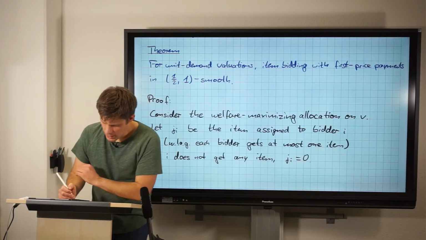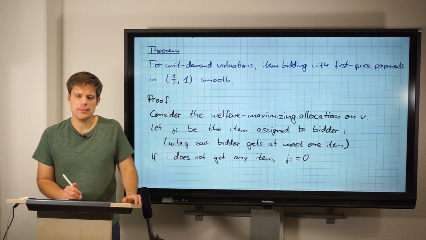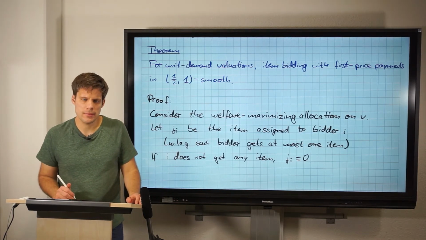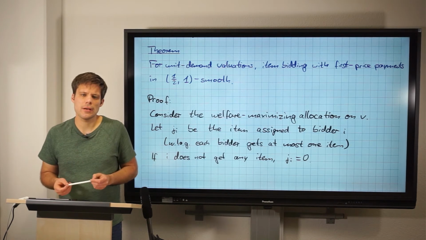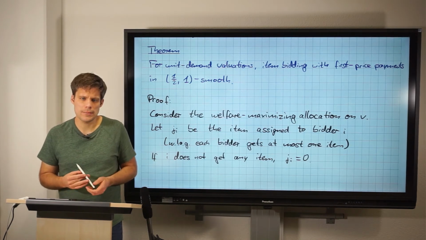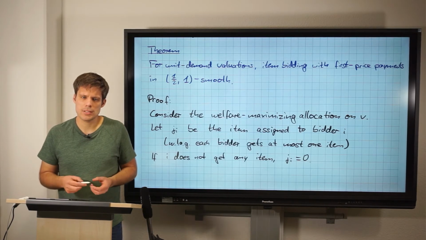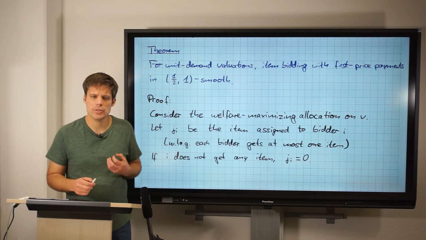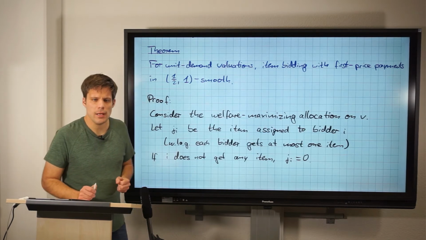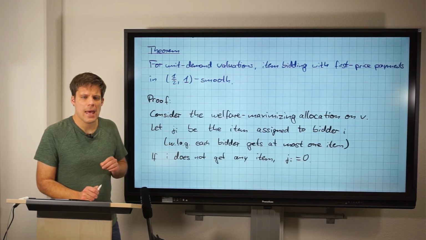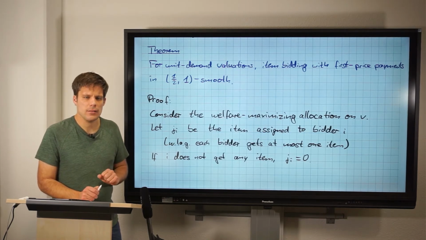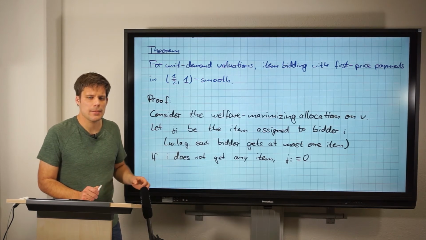Good. Now, how do we define the deviation bid from this? Maybe you should recall how we did this for the case of the all-pay auction. How did players bid there? What was our choice of a safe bid there? We said, okay, the one who's supposed to win the item should bid a constant times their value, and the ones who are not supposed to get the item shouldn't bid anything.